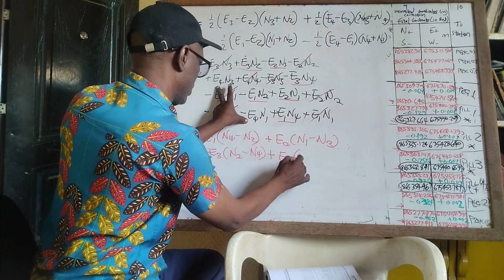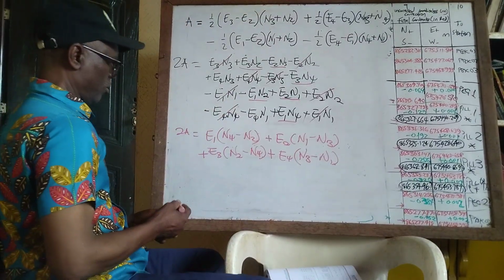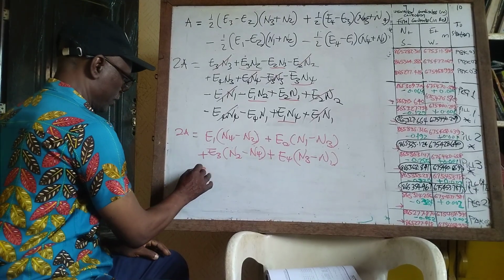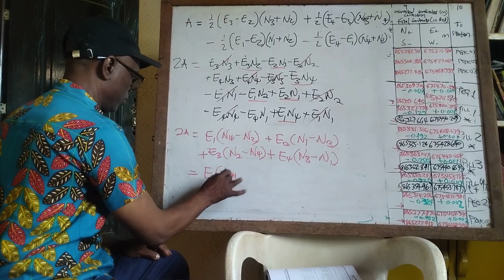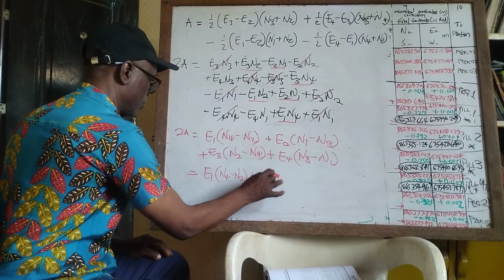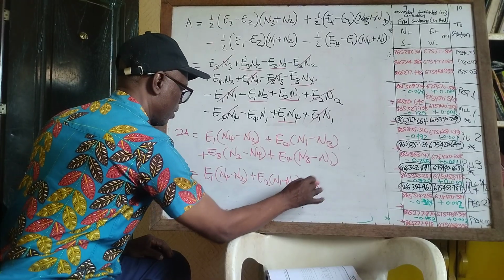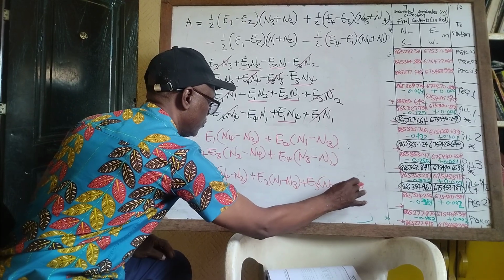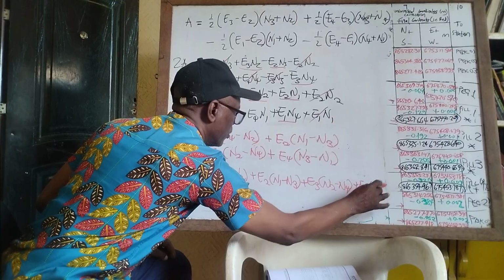N3 minus N1. So with this now, we can summarize this and say this is E1 into N4 minus N2 plus E2 into bracket N1 minus N3 plus E3 into bracket N2 minus N4 plus E4 into bracket N3 minus N1.